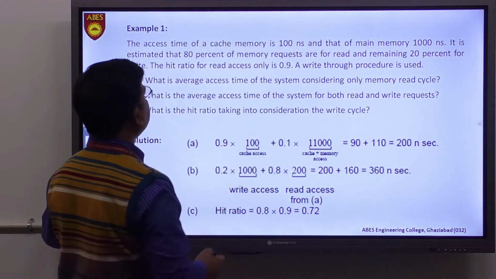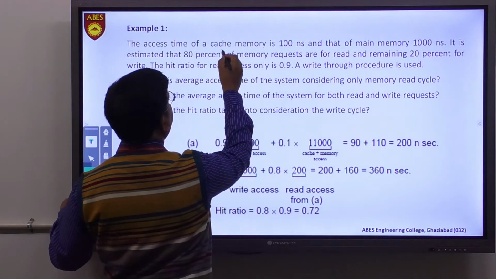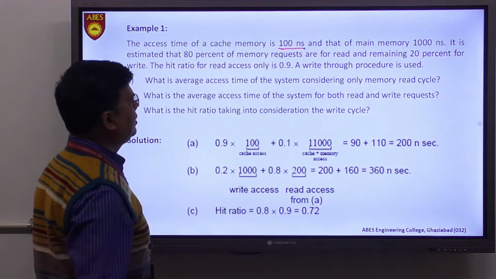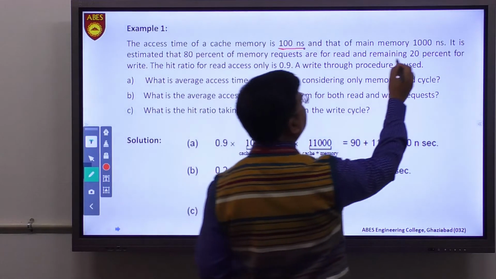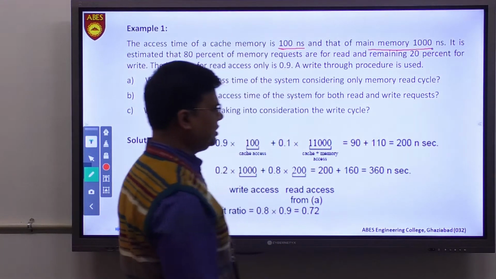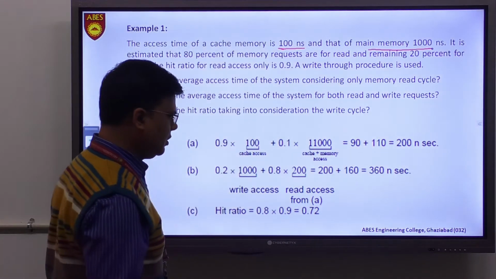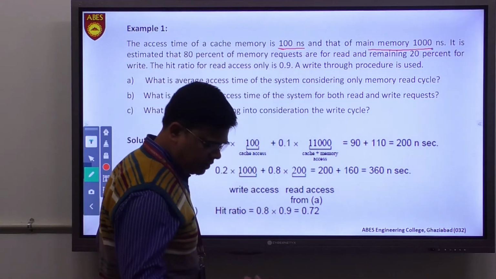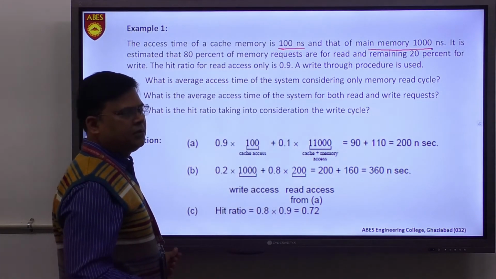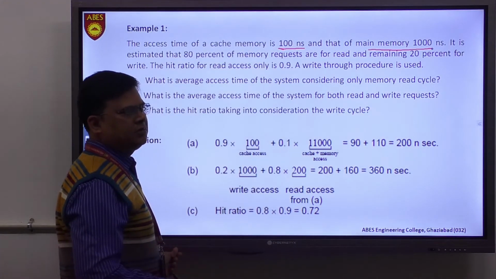analyze the problem. Here, the cache memory access time is 100 nanosecond and that of main memory access time is 1000 nanosecond. That means when the CPU generates an address for memory, it will be searched first in the cache memory.